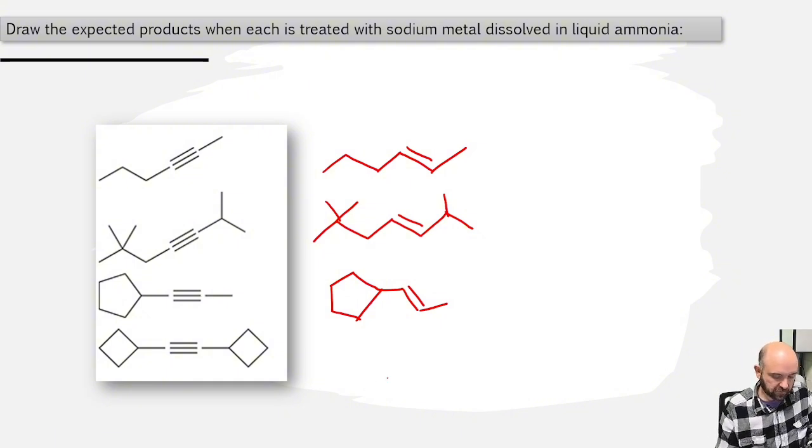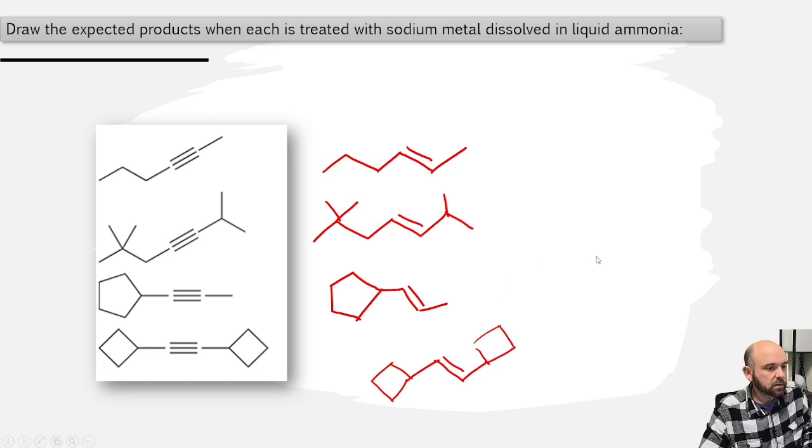And then this final dicyclobutane acetylene, odd molecule, but regardless, we can draw some squares with a trans alkene in between. Draw another square to give the trans alkene product of the dissolving metal reduction of dicyclobutane acetylene.